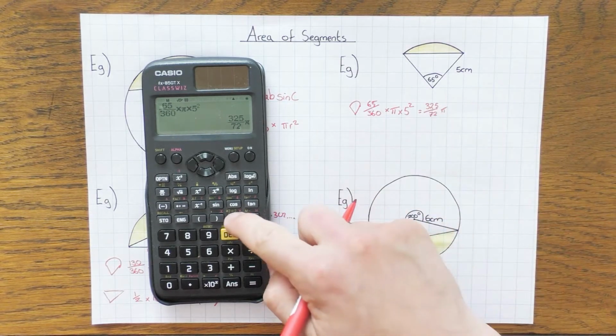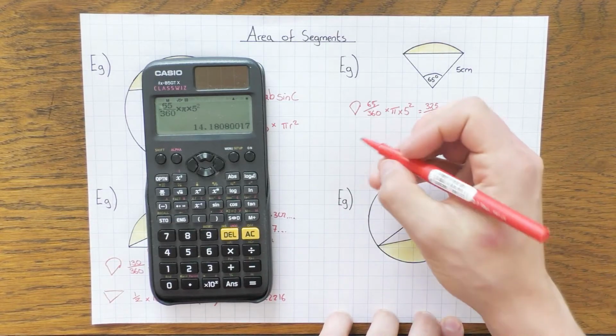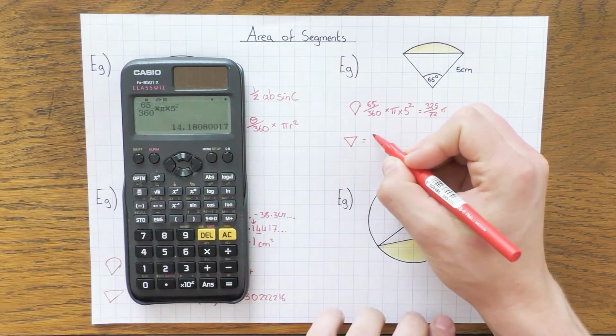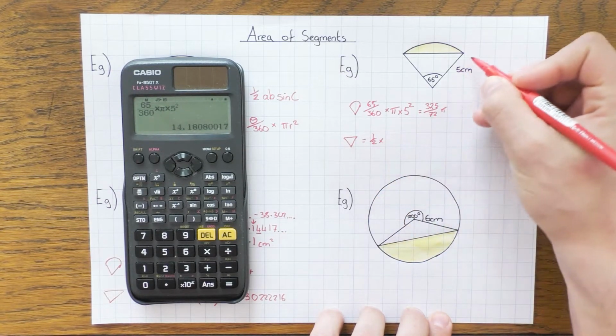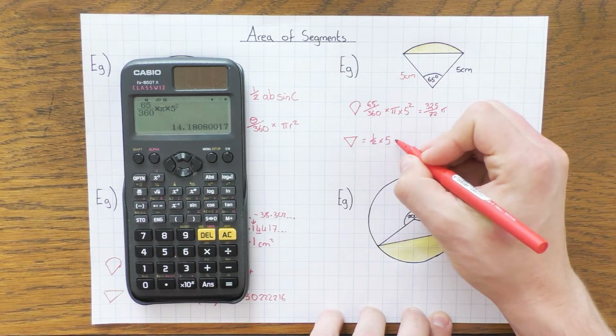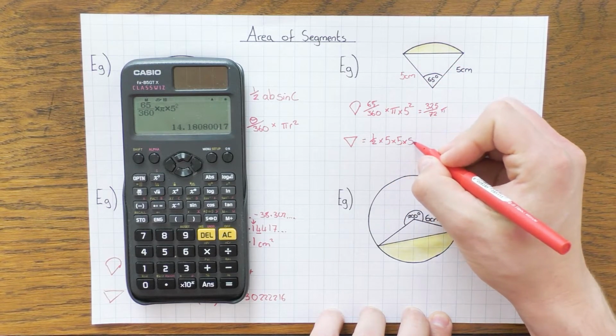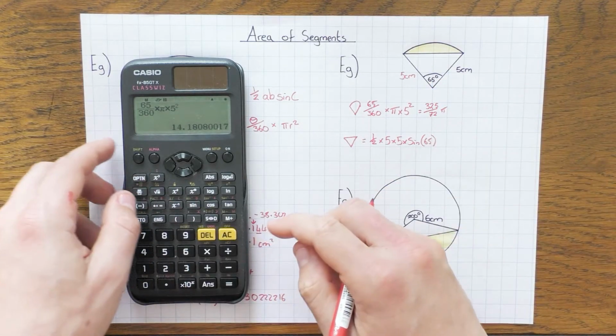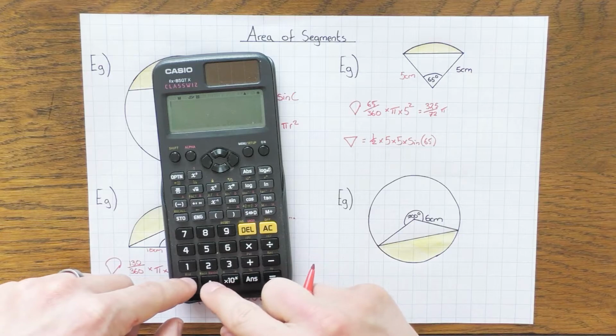You can use a decimal if you want, you can write that whole thing out, but I'm just using less space here. Then we need to work out the triangle, which is half times 5, and obviously that will be 5 as well, so times 5 times 5 times sine 65. Don't forget to close that bracket. I'm going to use 0.5 this time.